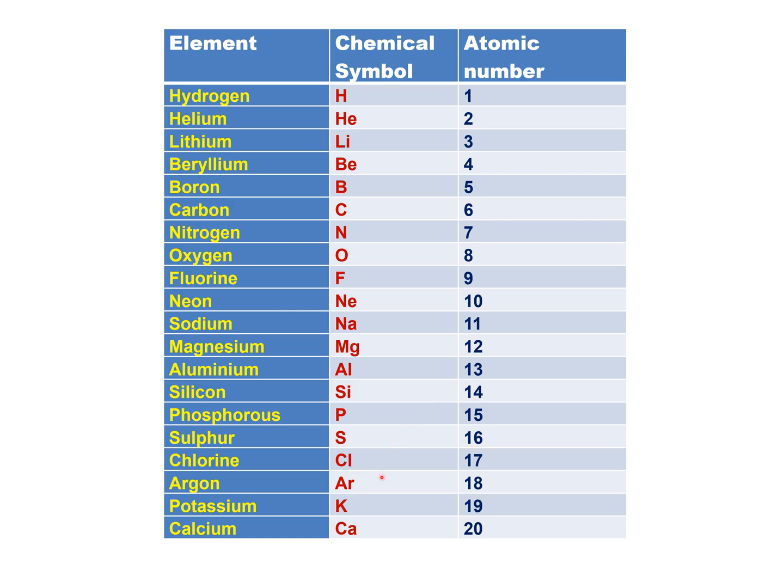The chemical symbol for chlorine is capital C, small l, and the atomic number is 17. The chemical symbol for potassium is capital K. You cannot write small k. And the atomic number is 19. The chemical symbol for calcium is capital C, small a, and the atomic number is 20.